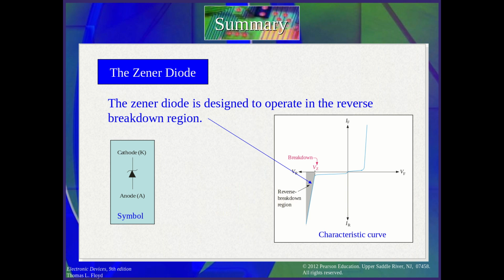Zener diode is designed to operate in the reverse breakdown region, here in this region. After some voltage in the reverse bias, you will see that there is a breakdown voltage, and then it is linear, like an ohm, as if you have some internal resistance.